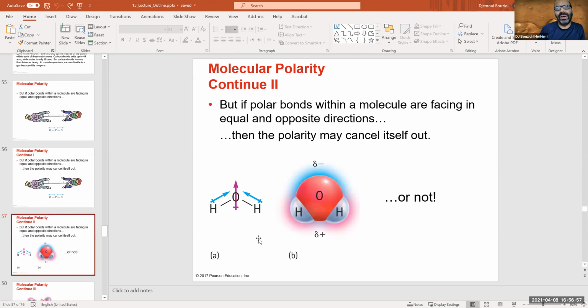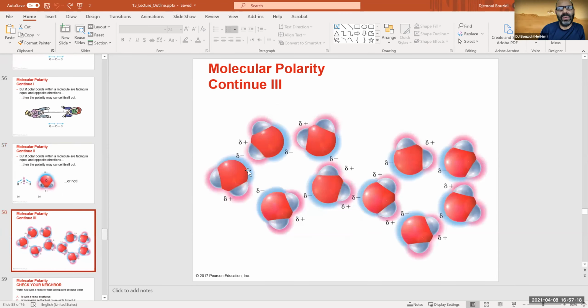Whereas in the case of the water molecule, you have a net positive charge. It's not symmetrical like the other one, at least in this direction. So there is a net charge in here, a net motion of the electron closer to it. It has to do with the configuration of the molecules. So if I bring another water molecule in here, remember, I have a net positive charge near the hydrogen, and a net negative charge near the oxygen.